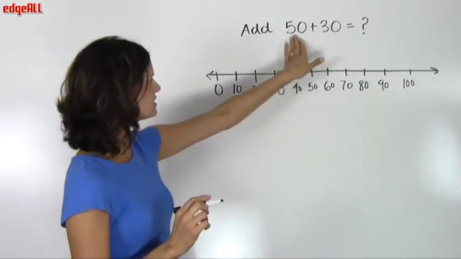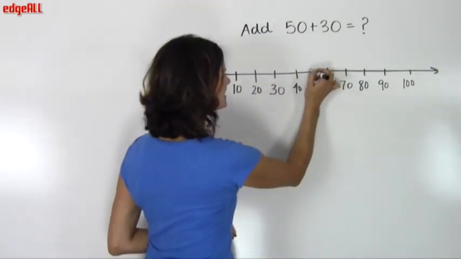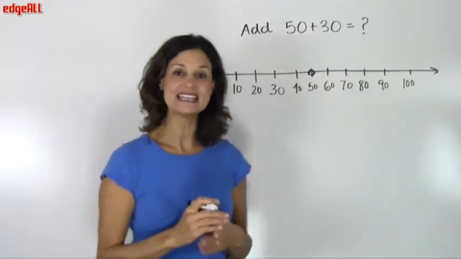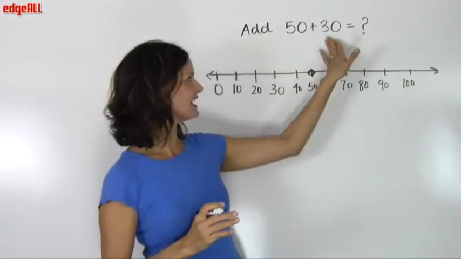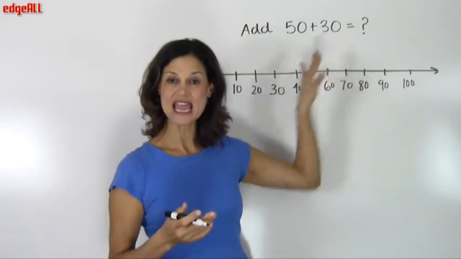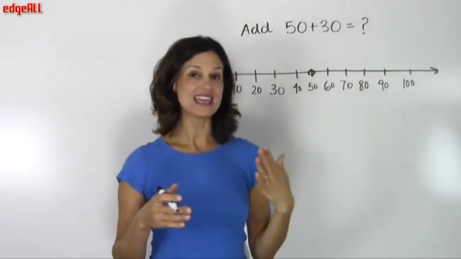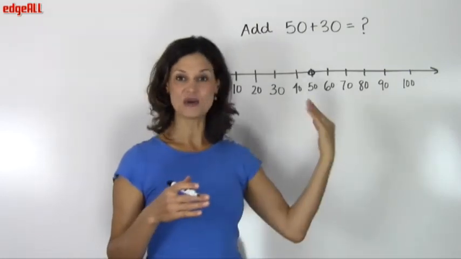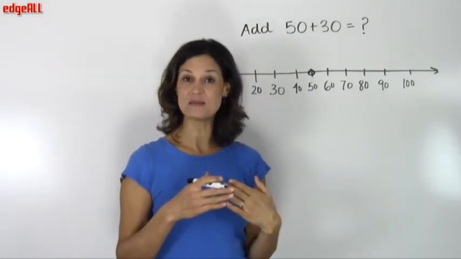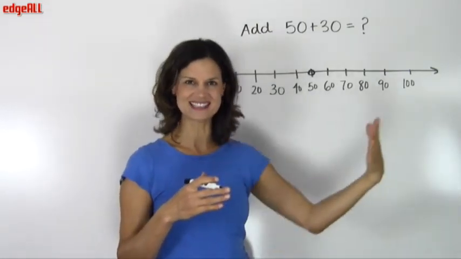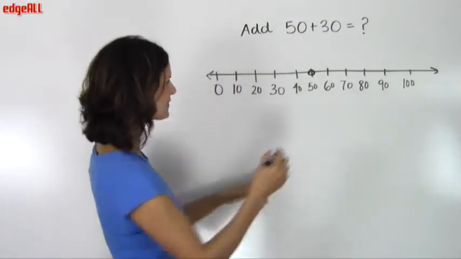So we're going to start at the 50. We'll make a mark here on our 50. And since 30 is 3 tens, we can add 30 to our 50 by simply moving 3 spaces to the right from 50.